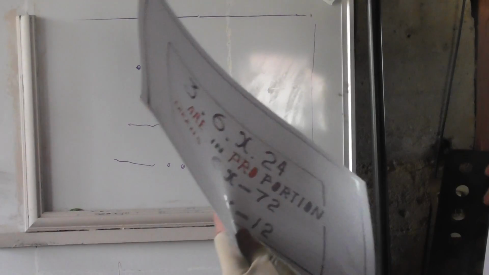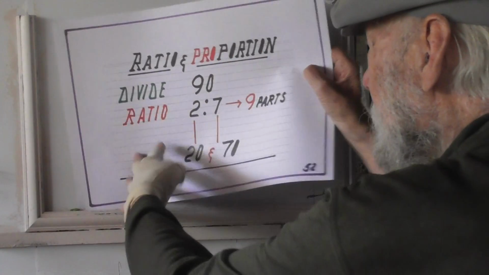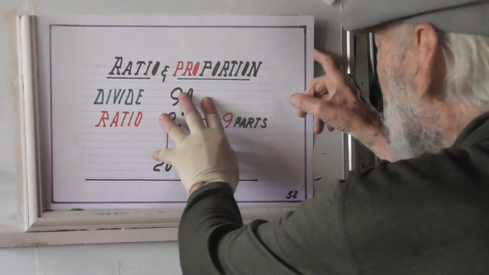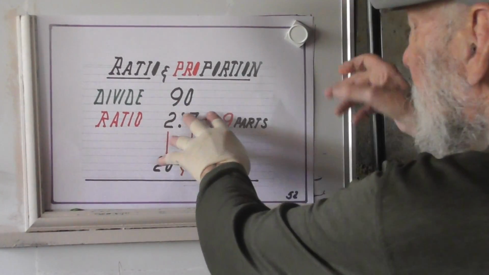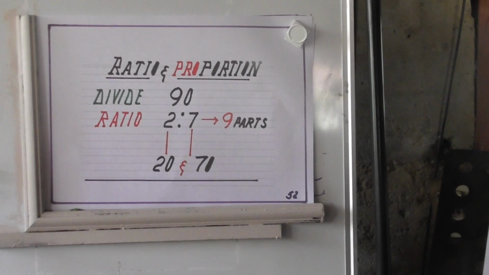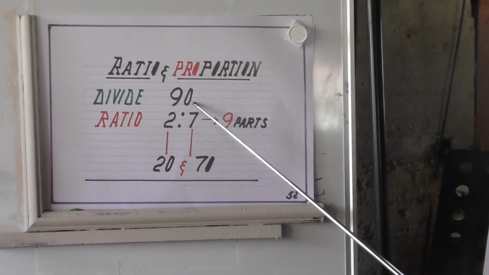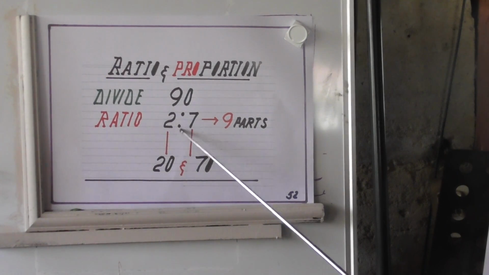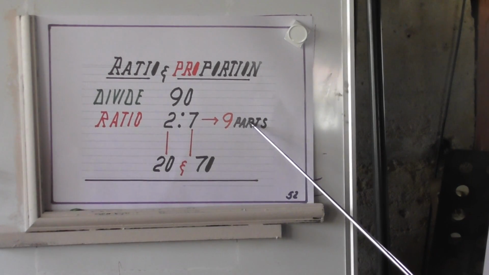Ratio and proportion. We have to divide 90 in the ratio 2:7. Step 1, add, so you have 9 parts.